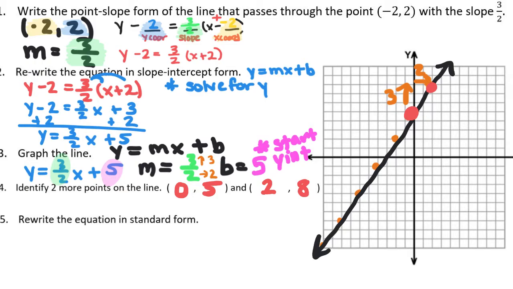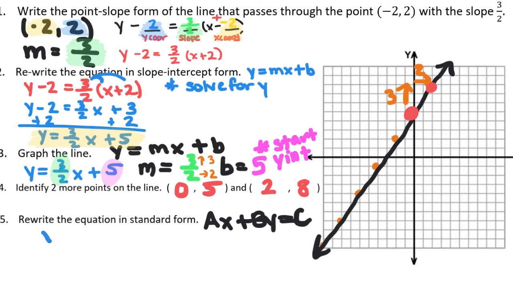And remember that standard form is ax plus by equals c. And so far we're at the point where the equation we have from above is y equals 3/2 x plus 5.